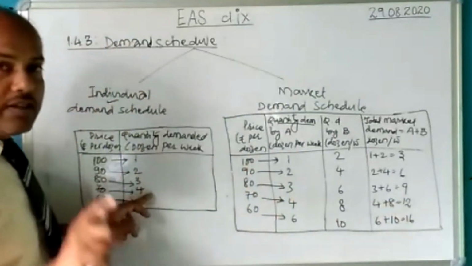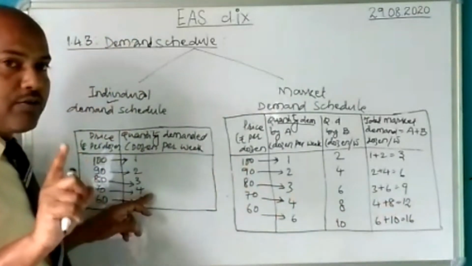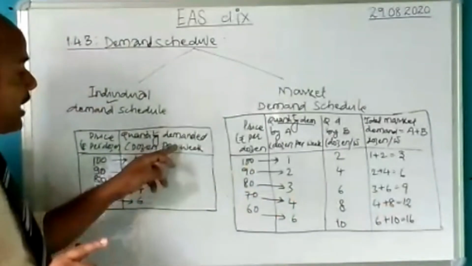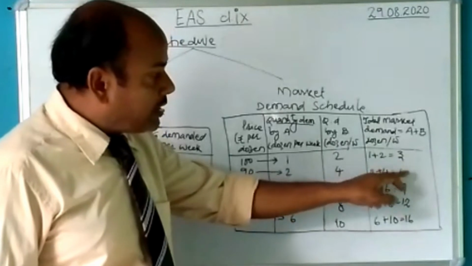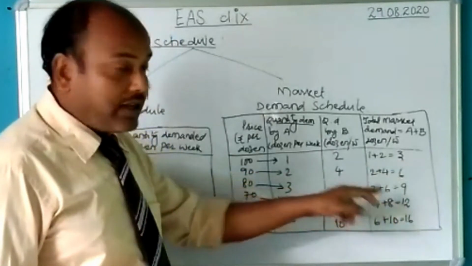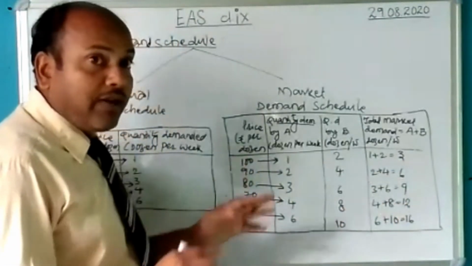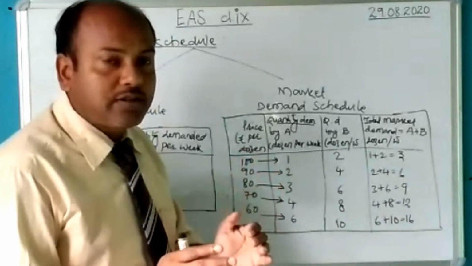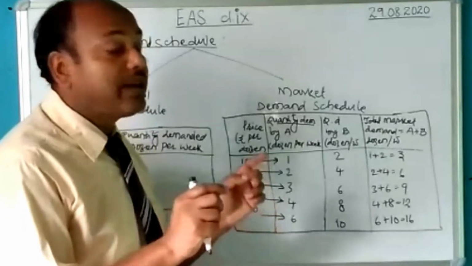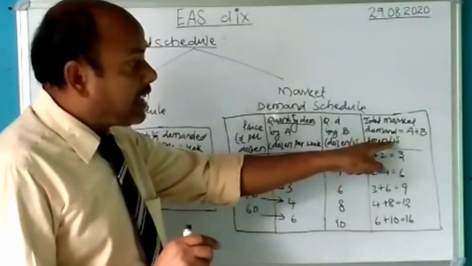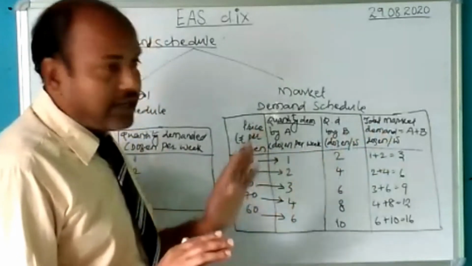This is the demand created by one person or one household at different prices in a given time period. This is the market demand schedule. This is the total demand created at different prices by all the consumers for a commodity in a particular time period. So this is a market demand schedule.